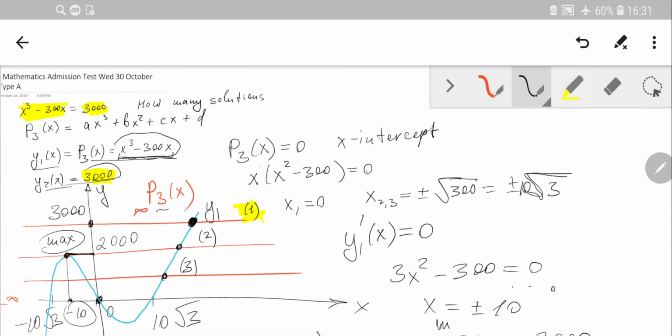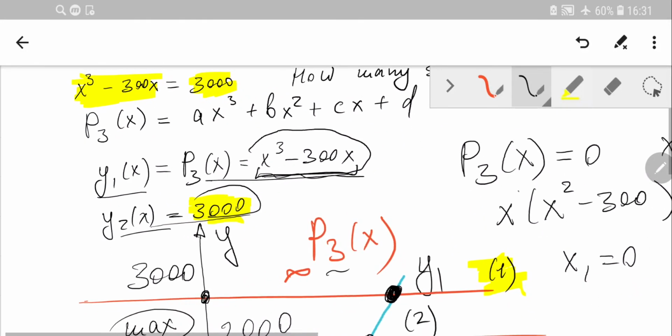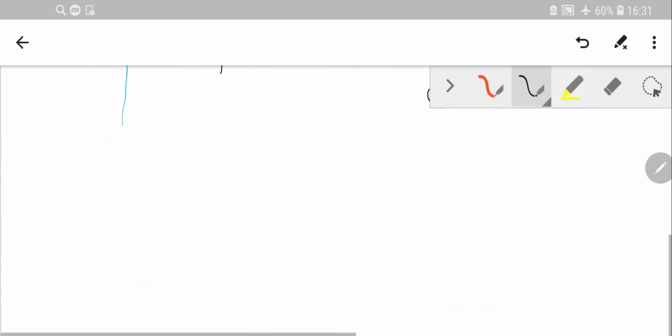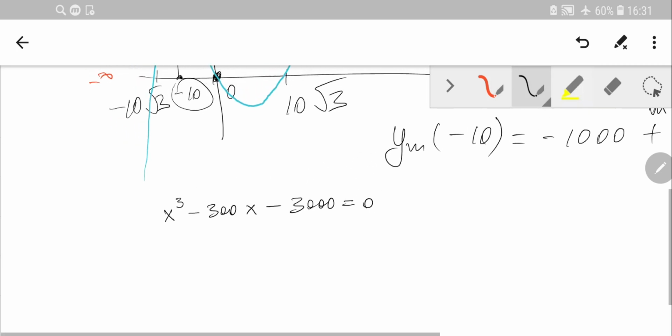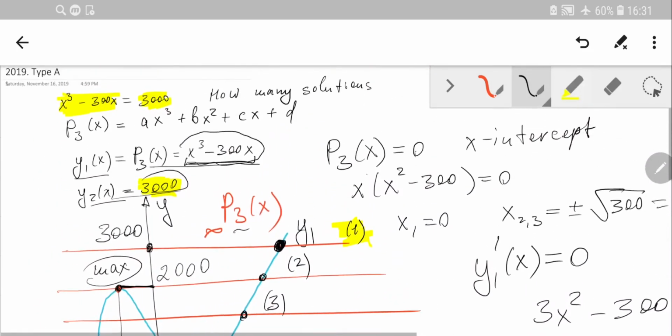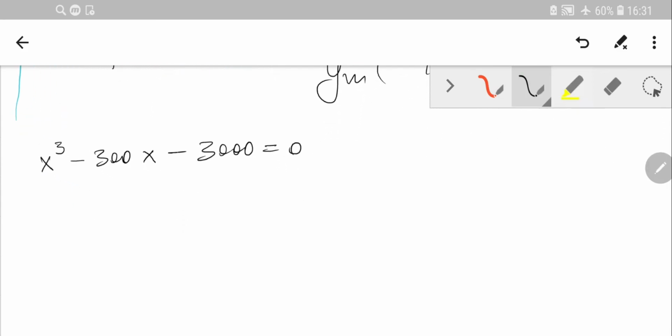So actually, what we have is x cubed minus 300x equals 3000. Let's just apply calculus now, without any graphing. I transfer 3000 to the left and equate to 0. How can we apply our calculus in order to find how many solutions we have?